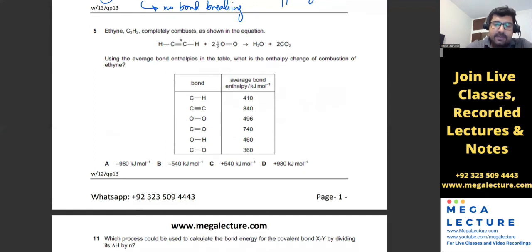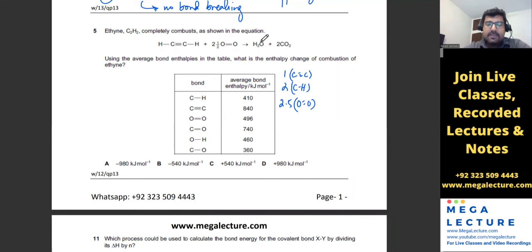You're breaking one C triple bond C, and you're breaking 2 CH bonds, and 2.5 O double bond O. And remember, double bond is considered one thing. This is not 2 bonds. The 496 for the double bond is for breaking the whole thing.